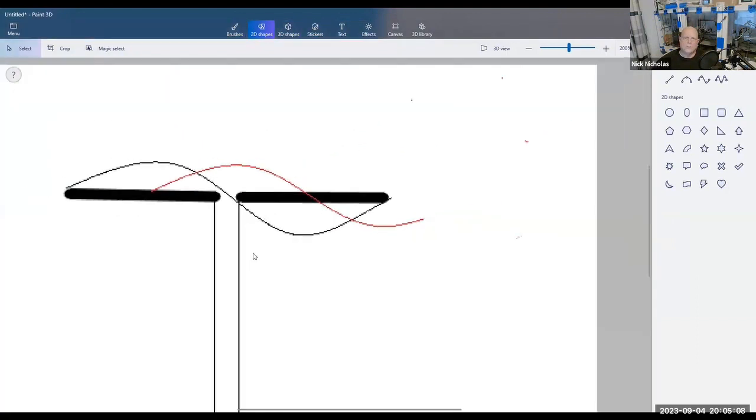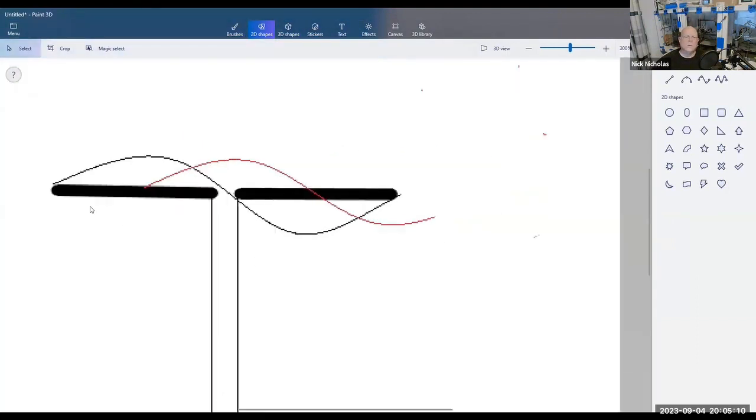What this drawing represents is a type of antenna called a dipole, a 2-element antenna. Think of this as being one side of it, and this is the other side. It's a very common antenna for amateur radio.